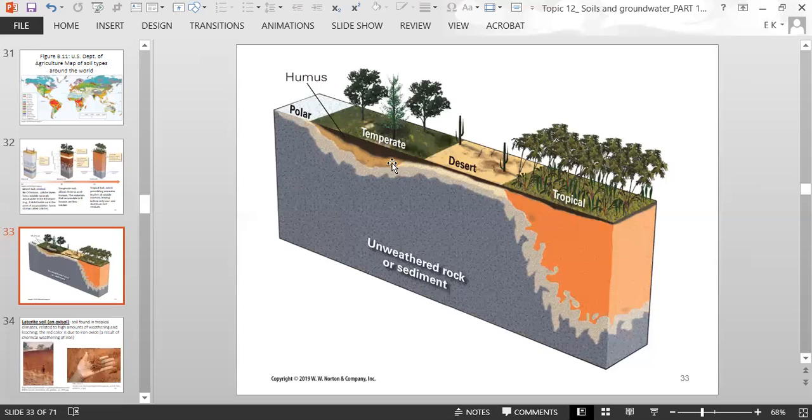And we do have a significant amount of humus in different parts of temperate zones. Okay, it's not all going to be exactly the same in all temperate areas, but generally temperate is going to have a moderate thickness of soil. And then here's your polar region, minimal amount of soil to almost no soil at all, depending on how far you are towards the pole.